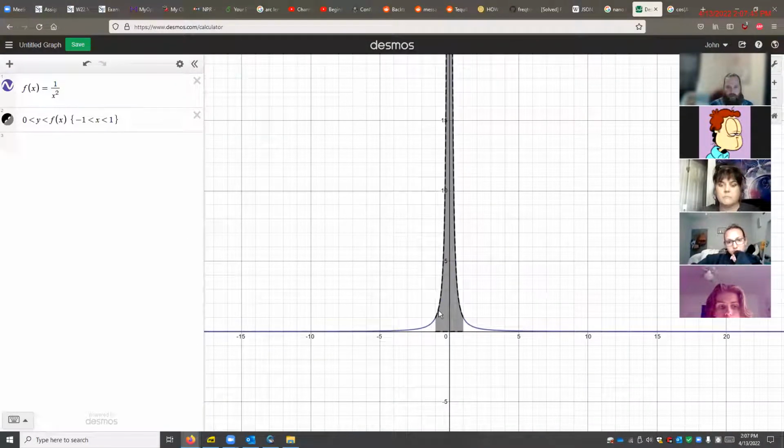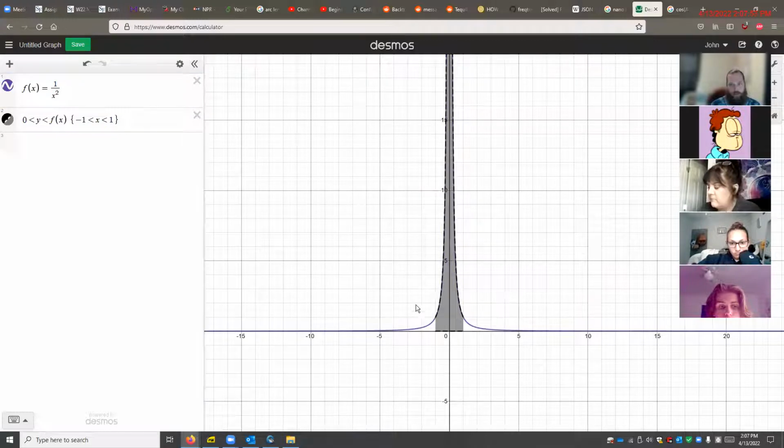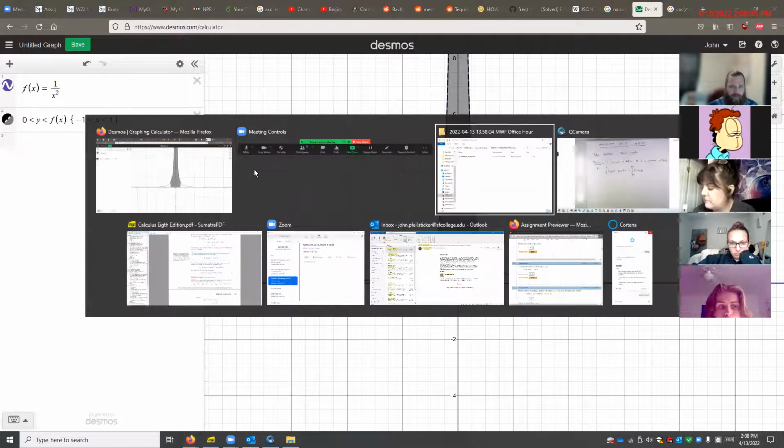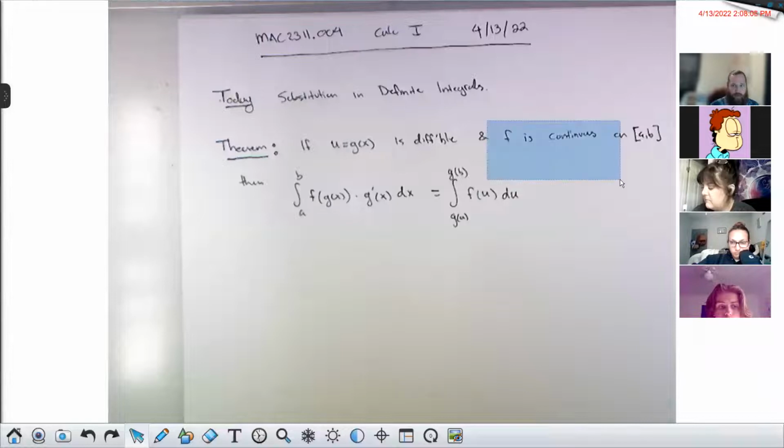So if I were to try and find the area underneath the curve 1 over x squared from -1 to 1, I'm hopping over this infinite discontinuity. And that is something that can be managed, and we'll learn in Calc 2, but not with the tools we have. It requires a whole discussion on a concept called convergence. So this assumption that f is continuous is genuinely important.